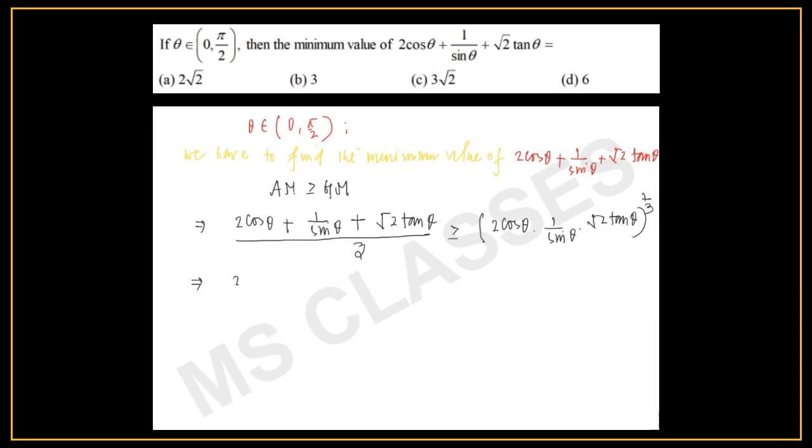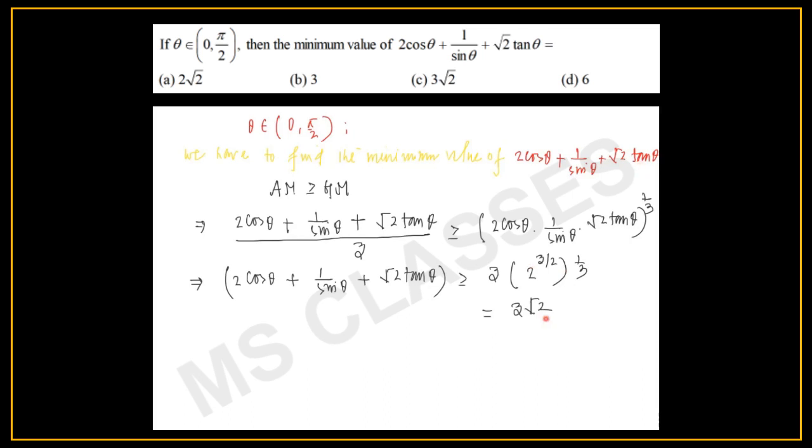Now here 2 cos theta plus 1 by sin theta plus root 2 tan theta greater than equal to 3 into 2 to the power of 3 by 2 to the power of 1 by 3. So here we can easily understand that this will give us ultimately 3 root 2. So the minimum value of the whole expression is 3 root 2.